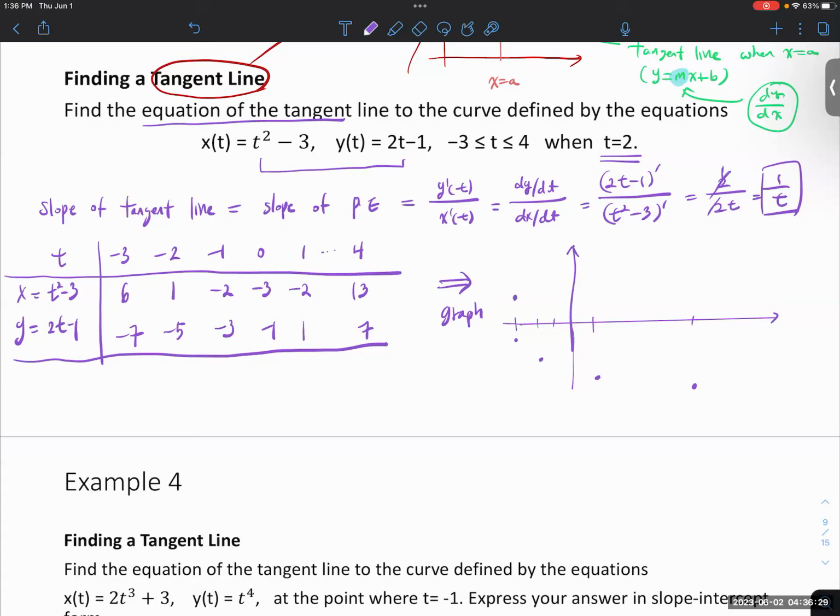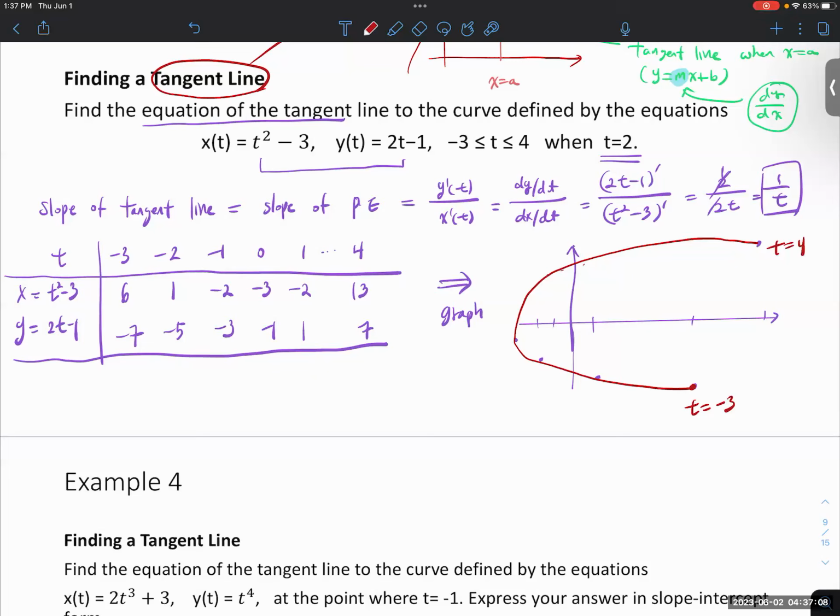And the last one, when t equals 4, 13 all the way up here. So the graph is going to be something like that, with points. This is the graph. They stop here. This is t equals -3. This is t equals 4.